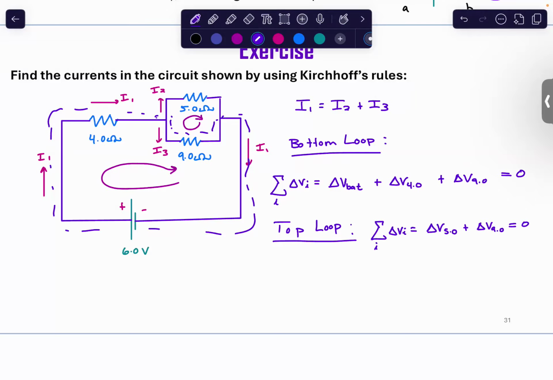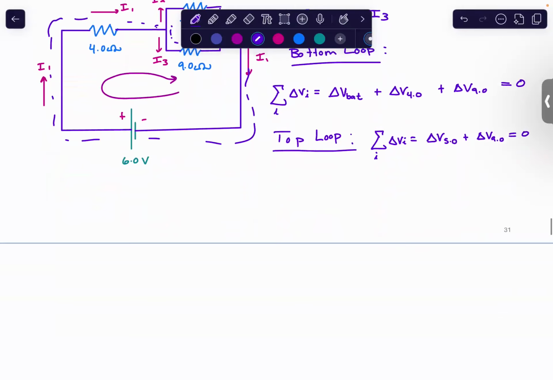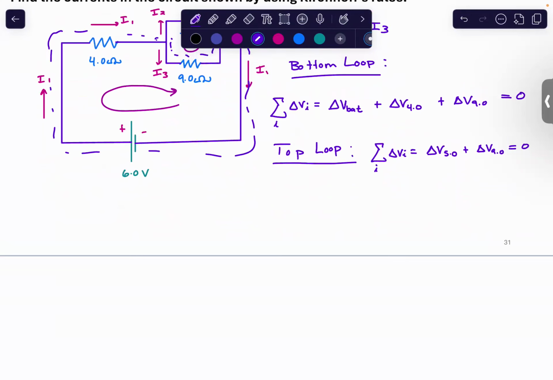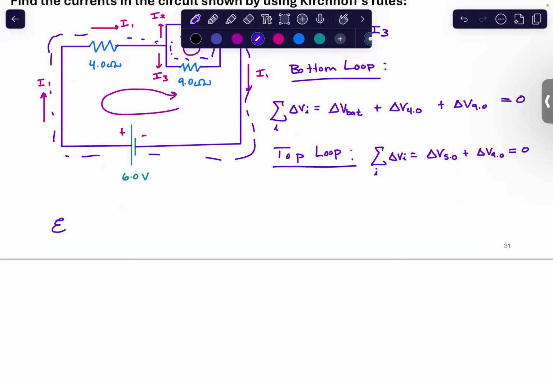Let's start putting our positives and negatives in here for the bottom loop and the top loop. So your bottom loop: your delta V for your battery, as you notice the way I'm going, I cross the battery negative to positive. That's positive EMF. I cross the 4.0 ohm resistor in the direction of the current, negative I times resistance of the 4.0.